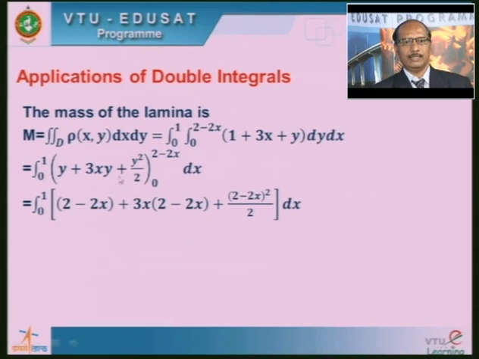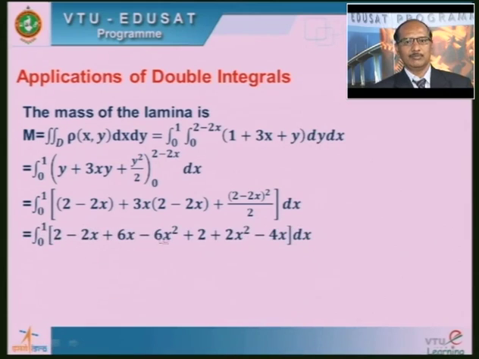In place of y, you substitute 2 minus 2x. So, 3x into (2 minus 2x), minus the lower limit, which is 0, so that is neglected. That is the second term substitution. Now, the third term y square by 2. In place of y, you substitute 2 minus 2x. So, (2 minus 2x) whole square divided by 2. This completes the substitution of the limits.